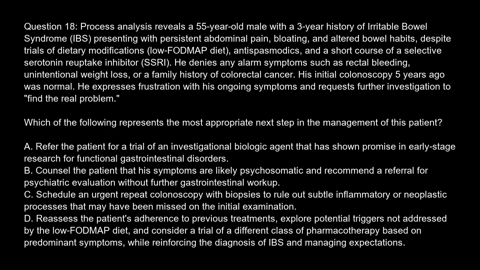Option C. Schedule an urgent repeat colonoscopy with biopsies to rule out subtle inflammatory or neoplastic processes that may have been missed on the initial examination. Option D. Reassess the patient's adherence to previous treatments, explore potential triggers not addressed by the low FODMAP diet, and consider a trial of a different class of pharmacotherapy based on predominant symptoms, while reinforcing the diagnosis of IBS and managing expectations.